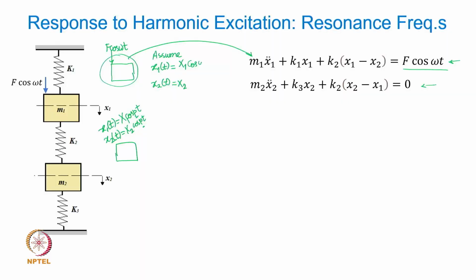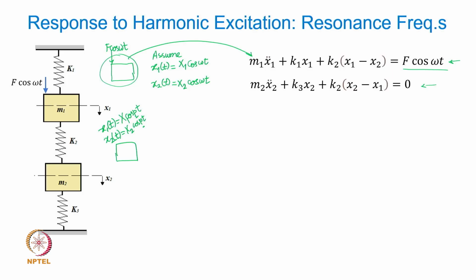So external forcing function f cos omega t has a period of repetition and corresponding frequency as omega. So it is quite natural for a linear system that the mass will also vibrate with the same frequency and period of repetition. So cos omega t is the expected assumed solution. Here also it is going to be cos omega t.